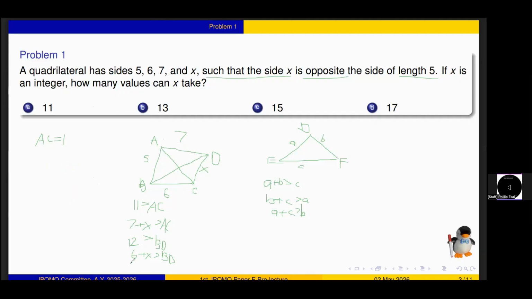In this equation, we know that 6 plus x is greater than BD.